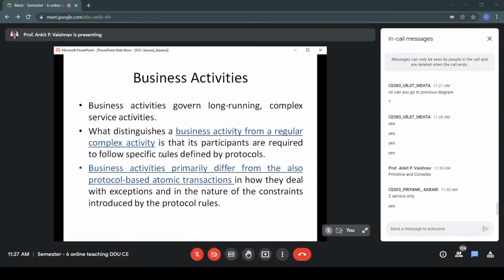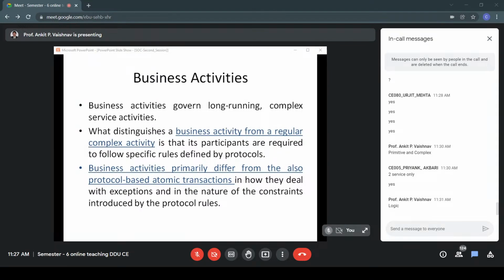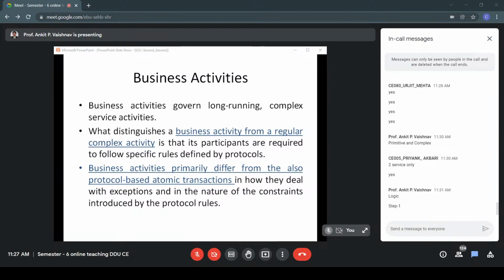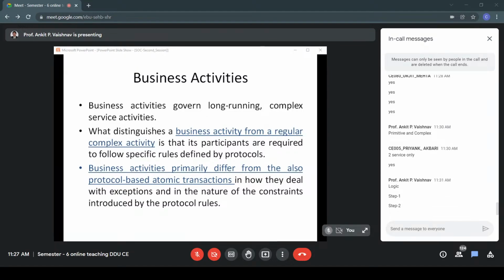In case of business activity, all the participants are required to follow specific rules. They are not independent in one sense, right? All the participants have to follow some standard rules defined by someone. So if you define your logic like this, let me depict that over here: follow step number 1, then go to step number 2, then check a condition.